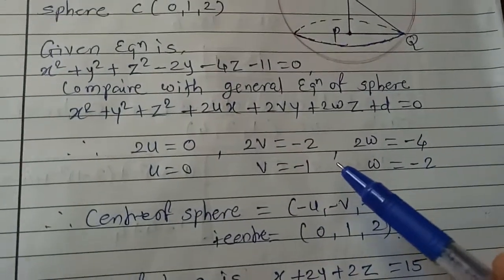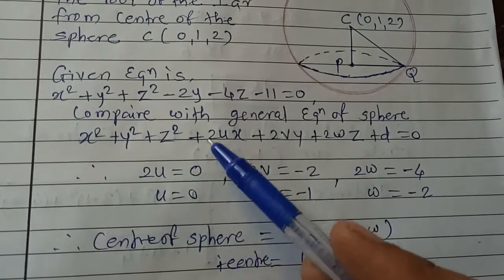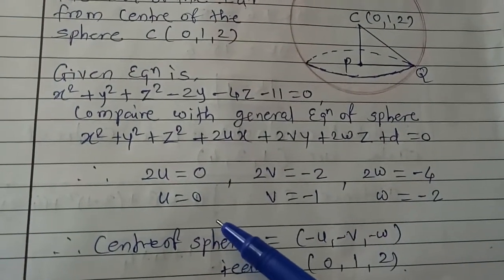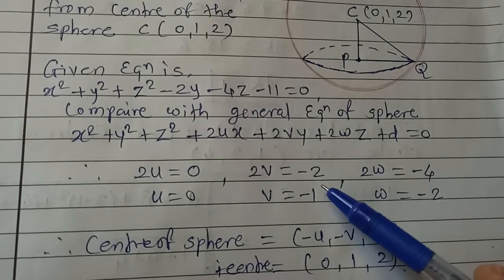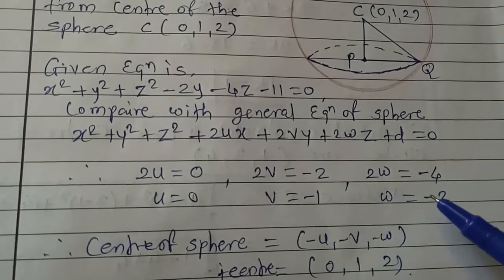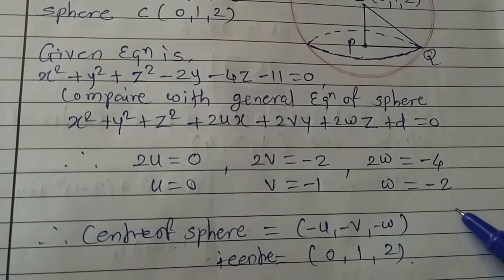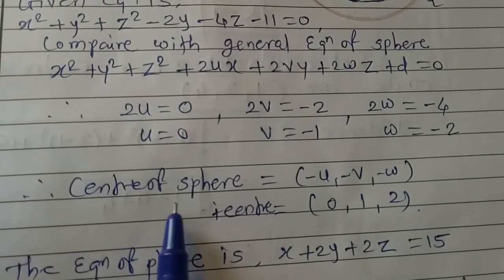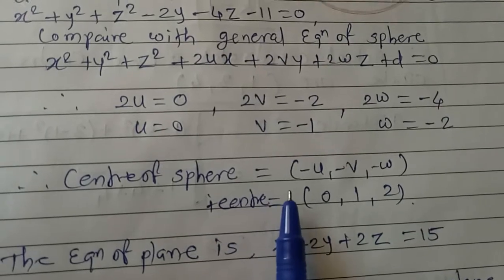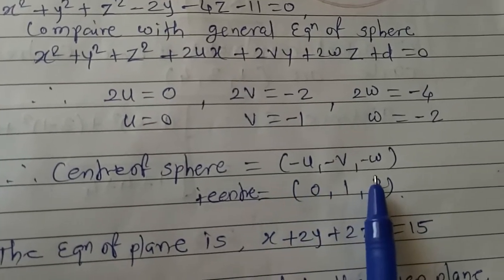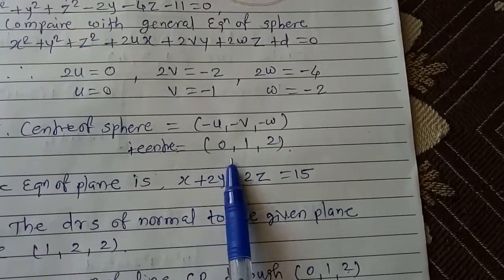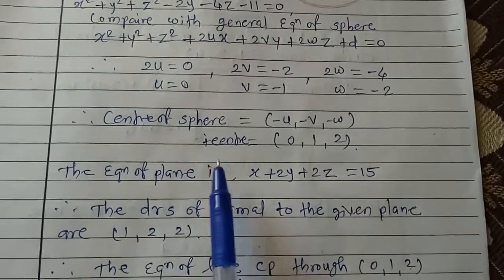If we compare these two, then twice u is equal to 0, so u is equal to 0. Twice v is equal to minus 2, so v is equal to minus 1. Twice w is equal to minus 4, so w is equal to minus 2. So the center of the sphere is minus u, minus v, minus w, that is 0, 1 and 2.